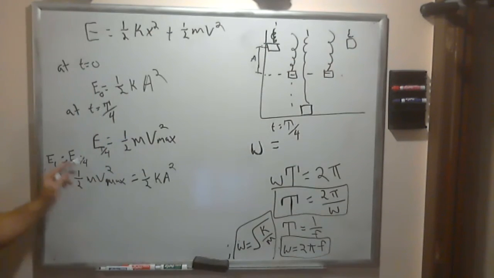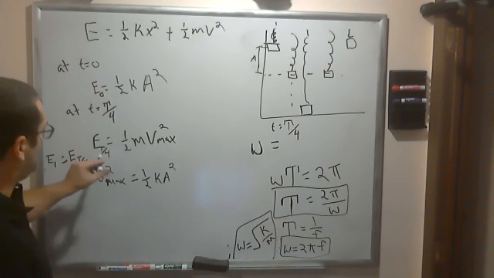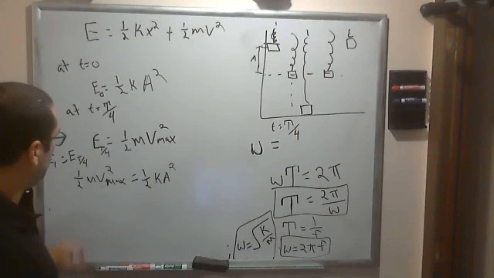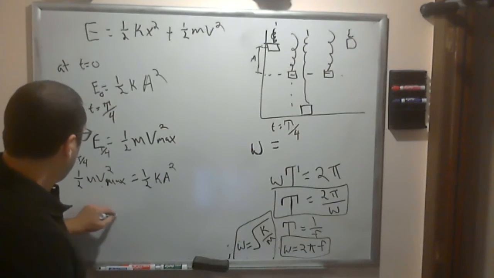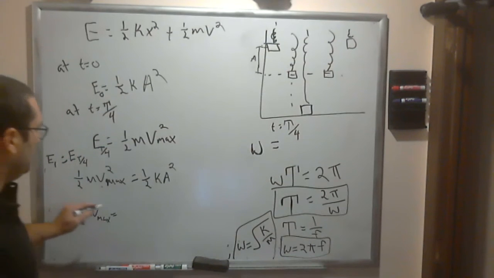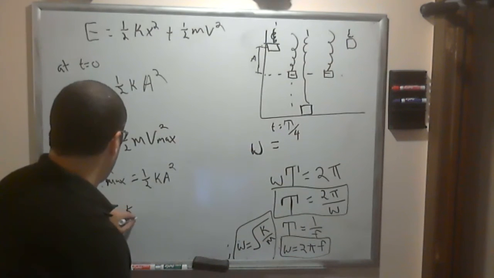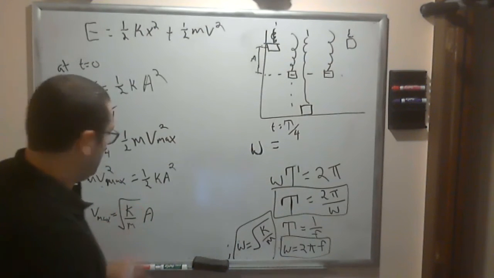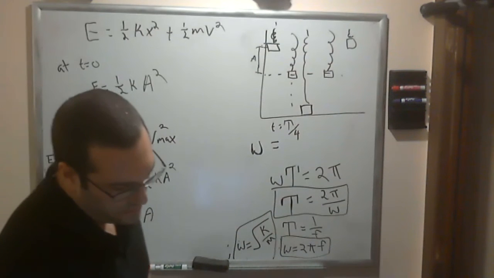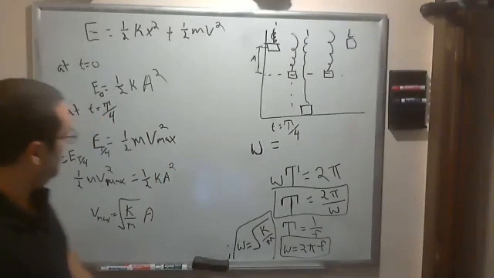We have this with conservation of energy. These two positions are equal to each other. We set it equal, and we find that V max is equal to the square root of K over M times A, right?